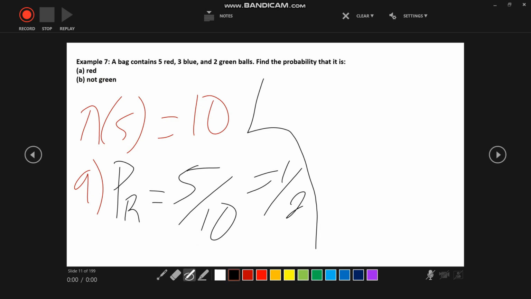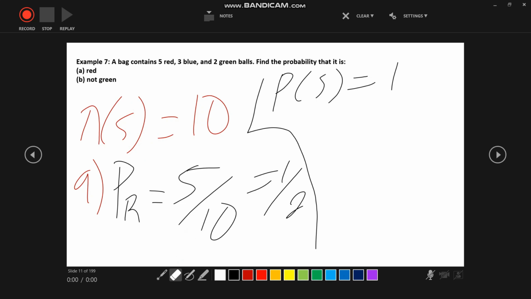Now from the law I told you, the probability of S is equal to 1. The interpretation of this is that the probability of the sample space in an event is equal to 1. That is, when you add the probability of all sample points in an event together, our answer will be 1. Now for this question B, our sample space is green or not green.